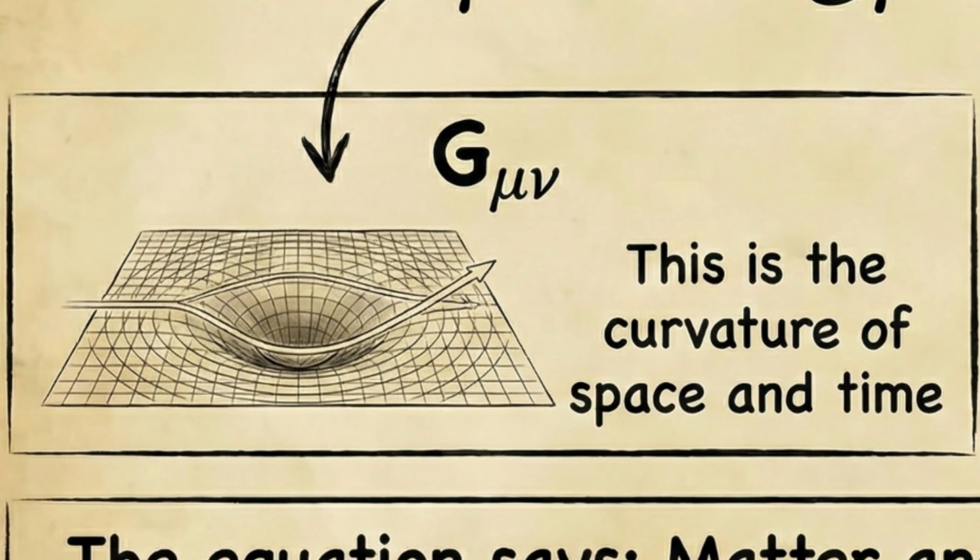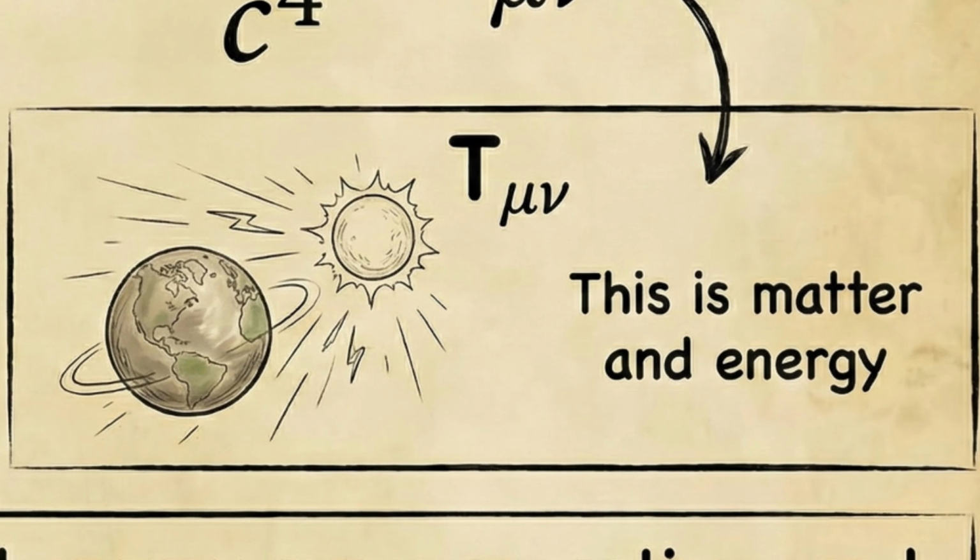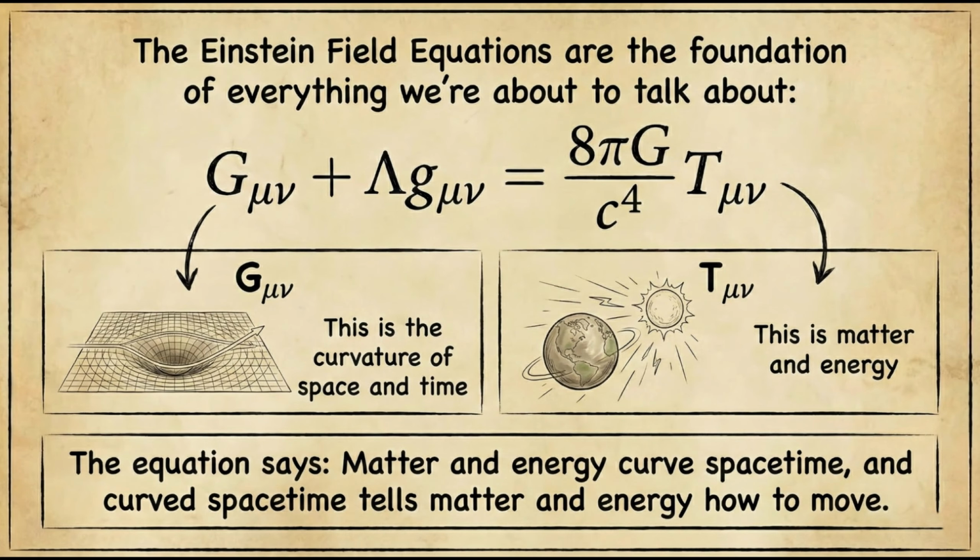G_μν, this is the curvature of space and time. T_μν, this is matter and energy. The equation says matter and energy curve space-time, and curved space-time tells matter and energy how to move.